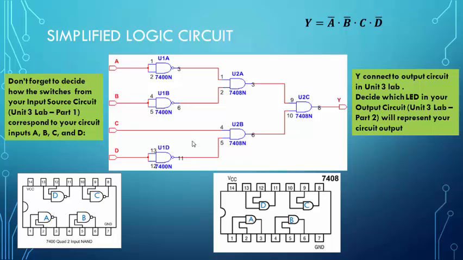Similarly, you can see what kind of ICs we need. We need NAND gates and AND gates, so two types. NAND gates is 7400, and the 7400 pin diagram is listed here. 7408 is the AND gate, and the pin diagram is listed over here.